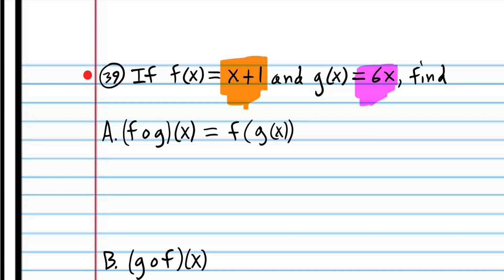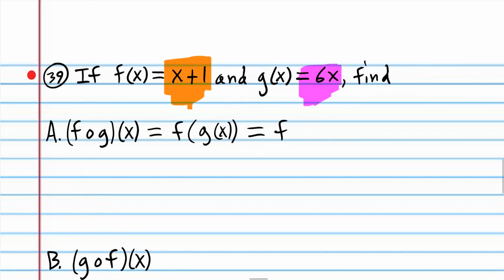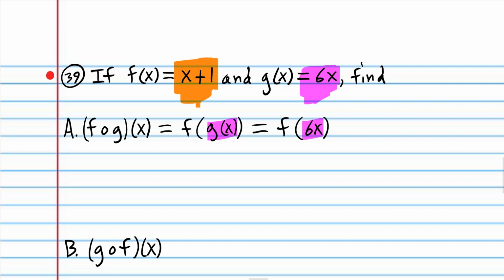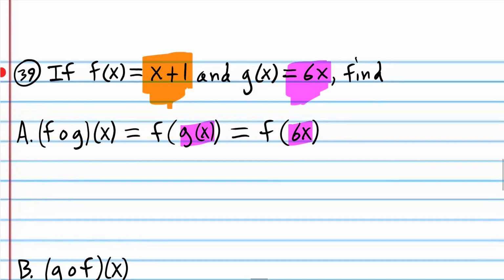So what that means is you're plugging in the g of x function into the f of x function. So one way to write that is you can take the g of x and just turn it into the purple 6x. You don't have to do it that way, but that's just one way to demonstrate what we're doing.